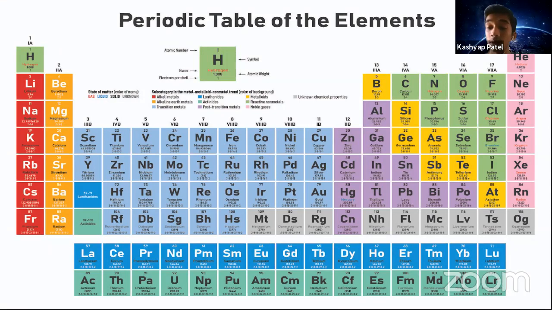Can anyone tell me how many neutrons would carbon 13 have? So carbon has 6 protons. 13 represents the atomic mass. How many neutrons would carbon 13 have?